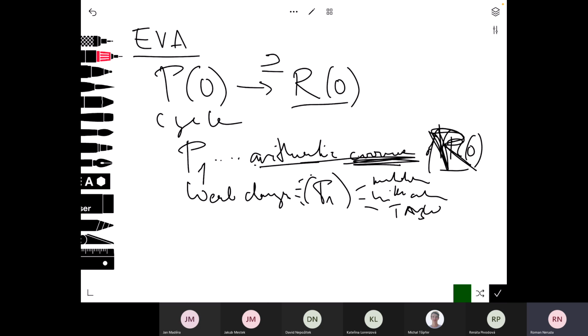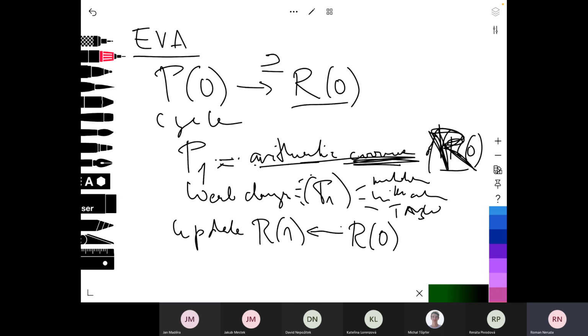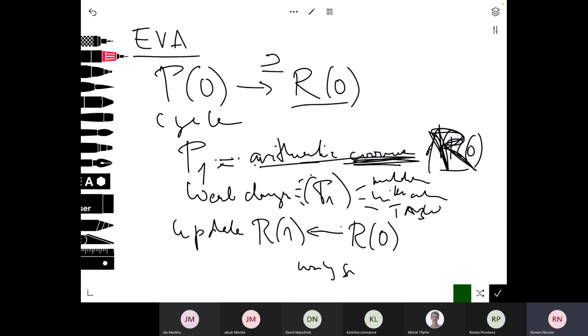That's the important thing. And then we have the mechanism where we're updating the R1 from the R0 by using some members of P1.